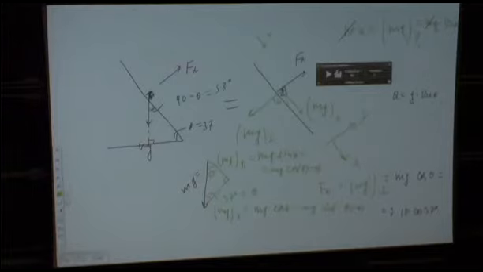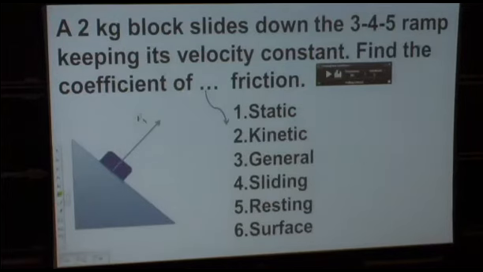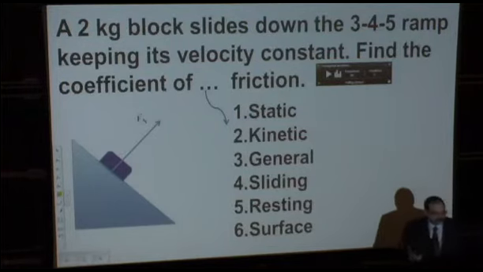Now, of course, the next step is what do we do? What do we do if there is some friction? We just have to add one more arrow to the free body diagram. So remember, we have two different situations, two different regimes.